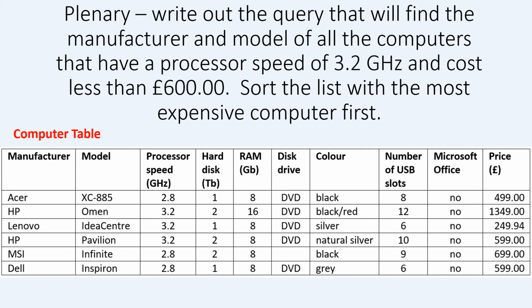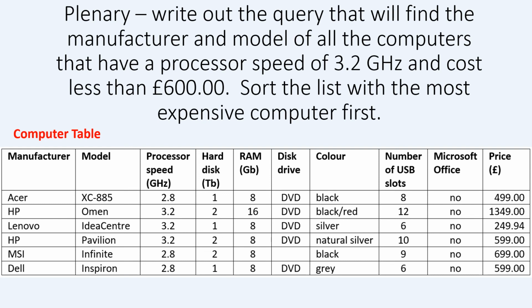So it's called the computer table, and there's all of your field names at the top and then all of the data underneath. So I've given you the template for your manual search as well for the plenary, and it should be straightforward enough to write out. Okay, so once you've written that manual search, that is this lesson completely finished.